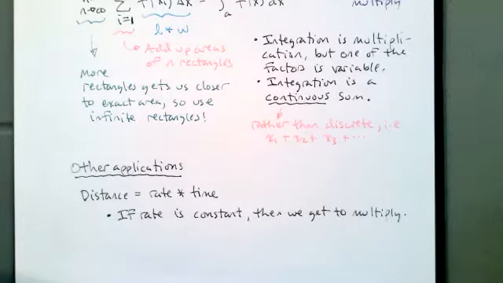So if we drive at 60 miles per hour for 8 hours, we get to multiply those two to find the distance. 6 times 8 is 48, so 480 miles. No problem. Distance is equal to rate times time.